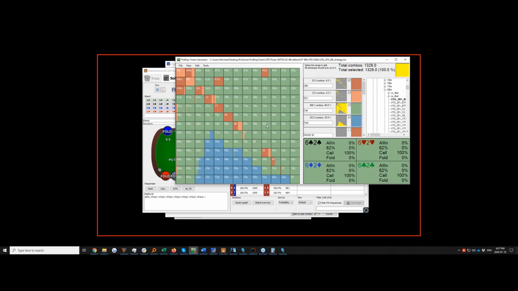So he cannot push you off your equity so easily. If he has a bluff, it will be very difficult for him to go bet. Imagine he has a middle stack like 30 big blinds, it's even more difficult.